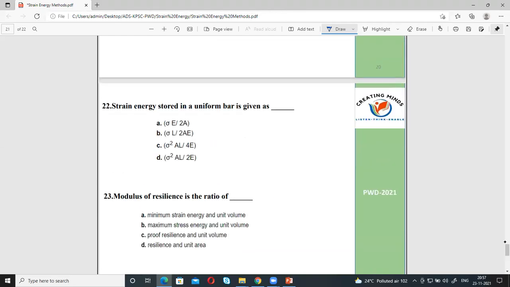Strain energy stored in a uniform bar. What? Uniform bar. U equals sigma square L by 2AE. Which option is right?